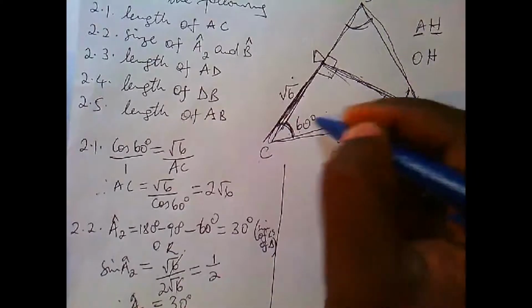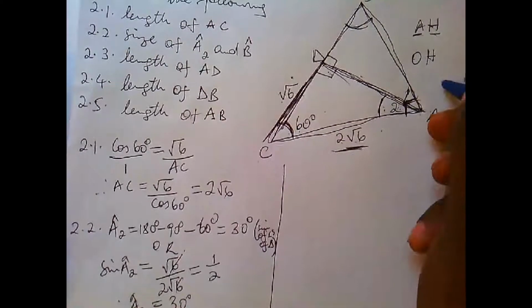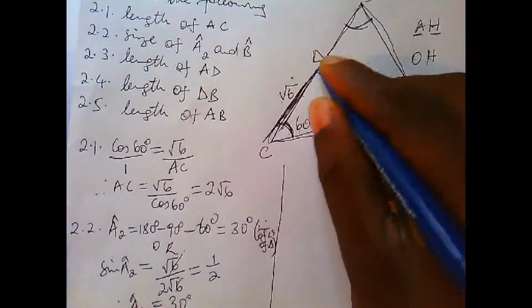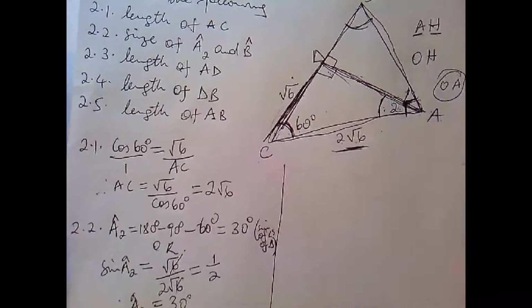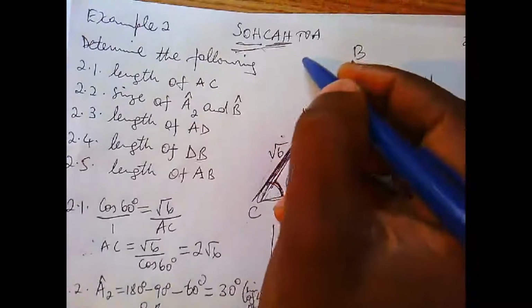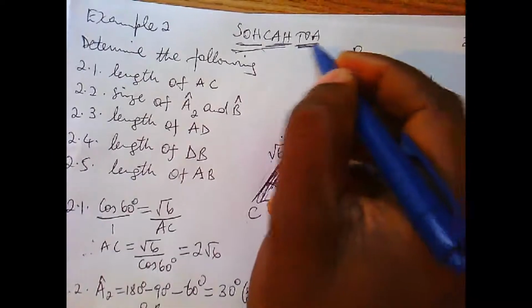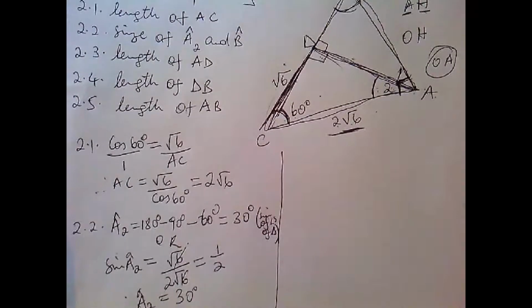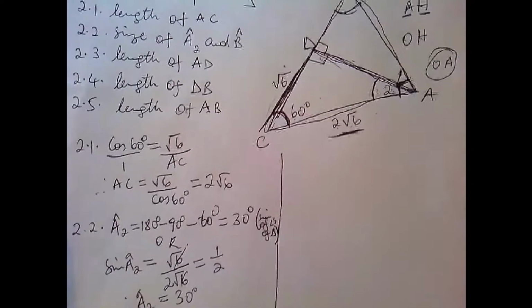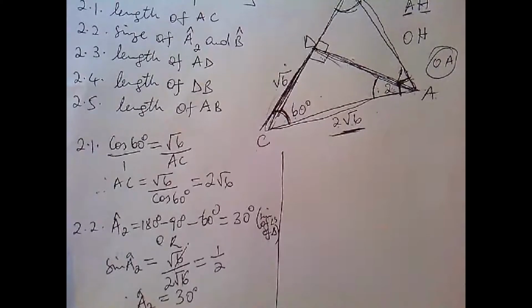Now we are looking for the side opposite to 60 degrees, and you know the side which is adjacent to 60 degrees. So you have O and A, which means you are going to use tan. Tan is opposite over adjacent, so tan of 60 degrees is equal to opposite, which is what you are looking for, AD, over adjacent, which is square root of 6, and this is over 1.